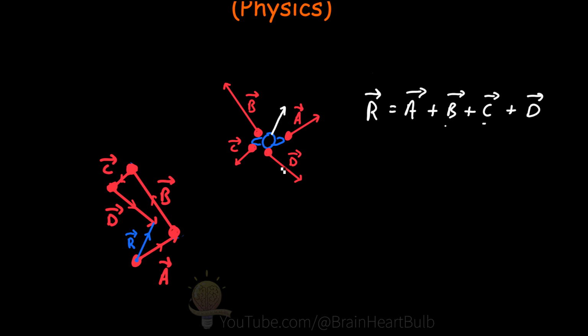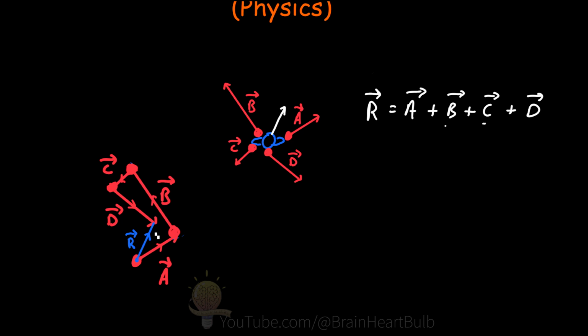Algebraically, this is known as the commutative law of addition. In other words, if you have just two vectors, A and B, this would be identical to B plus A. It doesn't matter which way round you add the vectors together to get the resultant vector. And we can actually see this geometrically by taking apart our vector diagram here and adding the vectors in a different order.